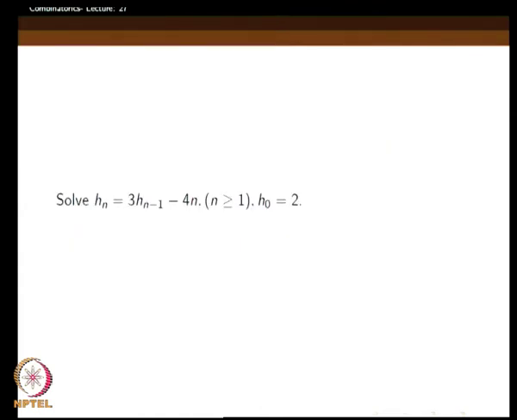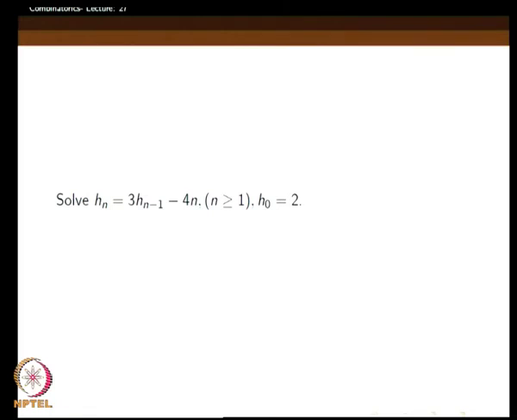For instance, look at this problem: Hn equal to 3 times Hn minus 1 minus 4n, for n greater than or equal to 1, and for H0 you have 2. The initial condition is H0 equal to 2. Here you can see that it is a non-homogeneous recurrence relation which is linear and of order 1, and non-homogeneous because Bn is not 0 here, Bn equal to minus 4n.